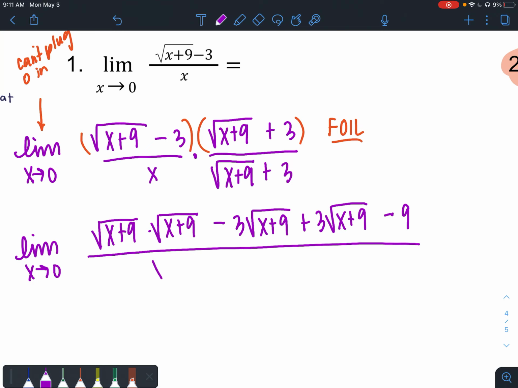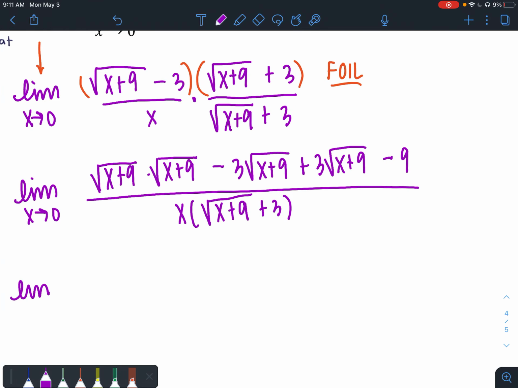That's all over x root x plus 9 plus 3x. Actually, you know what? Yeah, that's fine. No, let's leave it as x times square root x plus 9 plus 3, just in case anything cancels with the numerator.